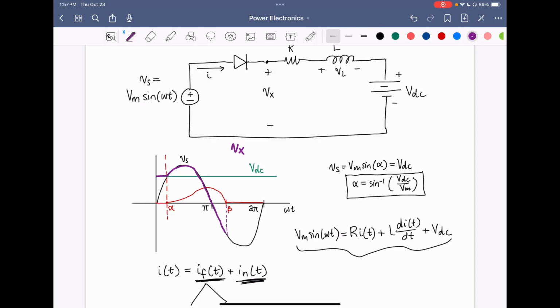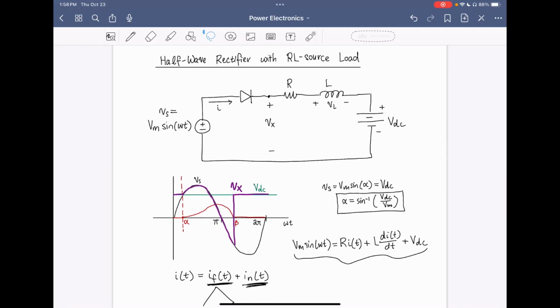Once again, there's no current through R and L, so no voltage drop across R and L, and therefore Vx is just equal to VDC. So we've plotted the waveform of Vx.